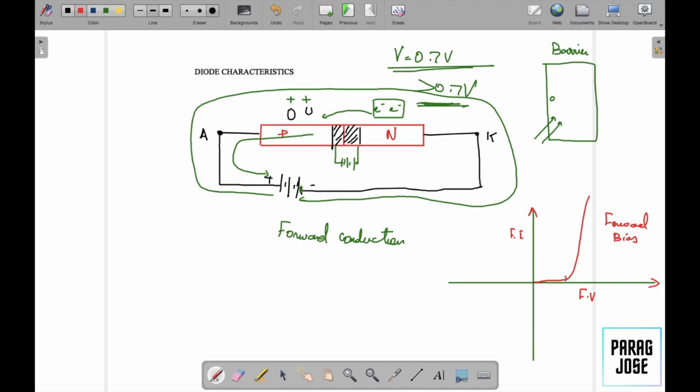This is because this will be the point where our voltage becomes 0.7 volt or greater. So once the barrier potential is crossed, then there will be immediate conduction of electrons happening, and that is why it conducts very fast. So you can see there is an exponential increase in current with a small increase in voltage beyond the barrier potential.